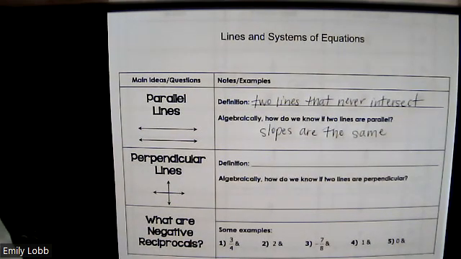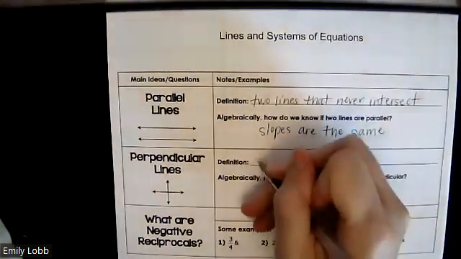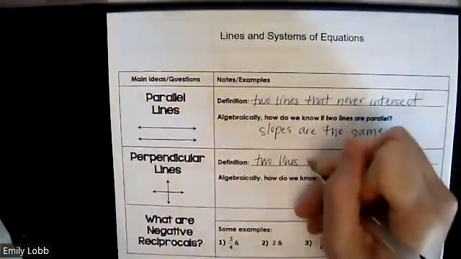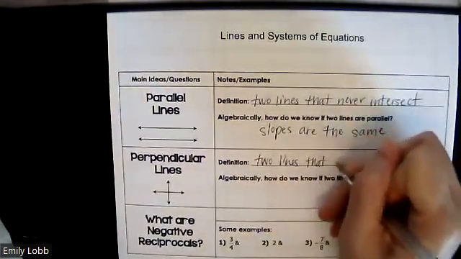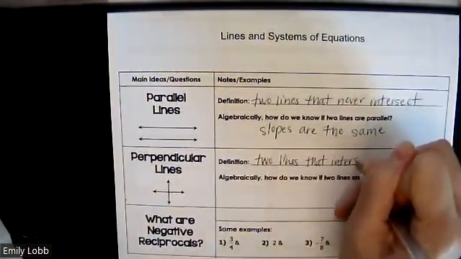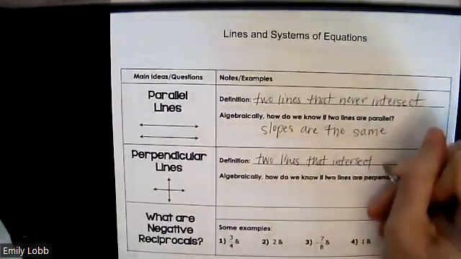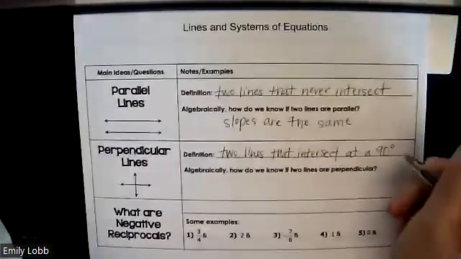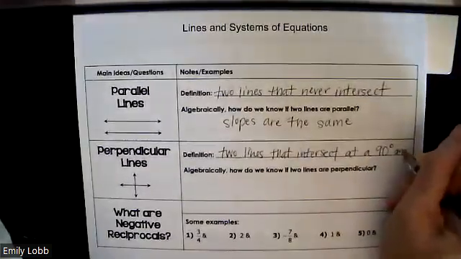Perpendicular lines. These are two lines that intersect at a 90-degree angle.